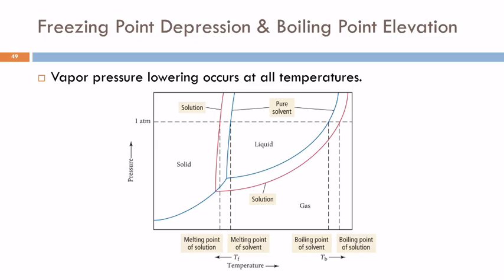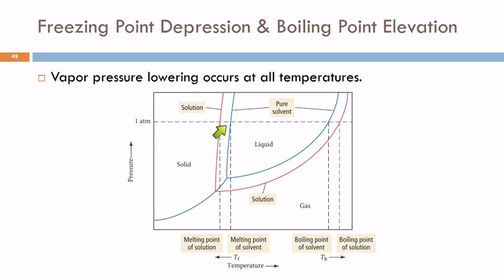Maybe later. Okay, freezing point depression. We need to make ice cream. Freezing point depression and boiling point elevation. So we just talked about vapor pressure lowering. That occurs at all temperatures. So here's our phase diagram. And so we learned that the temperature at which something boils is where the vapor pressure equals atmospheric pressure.